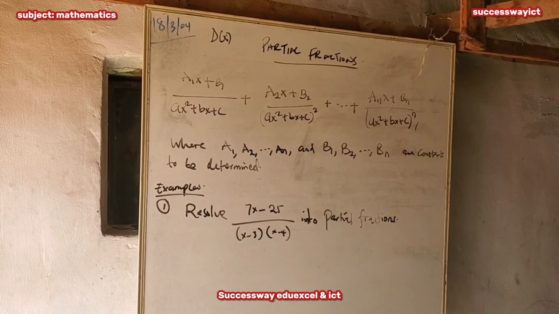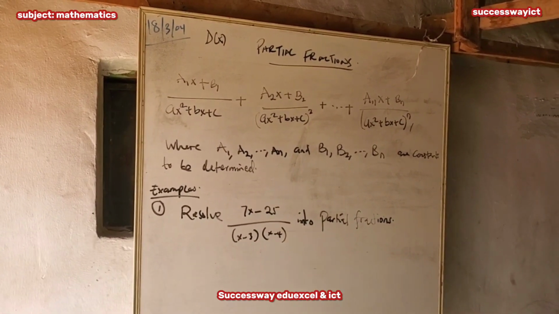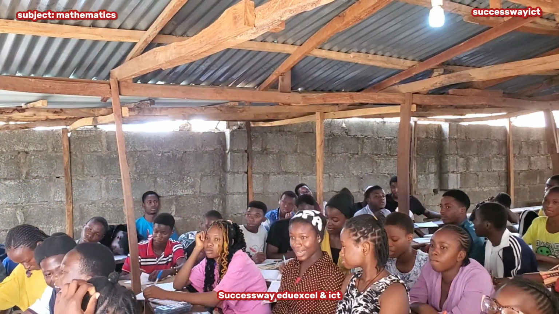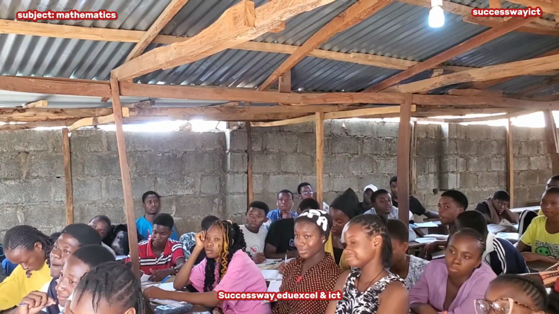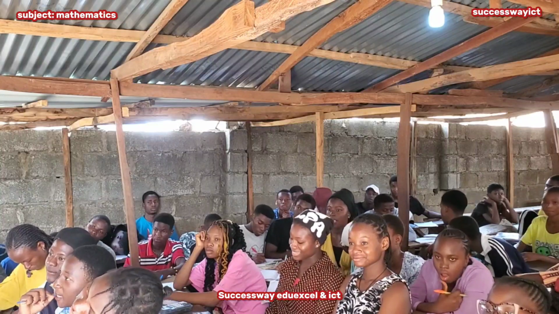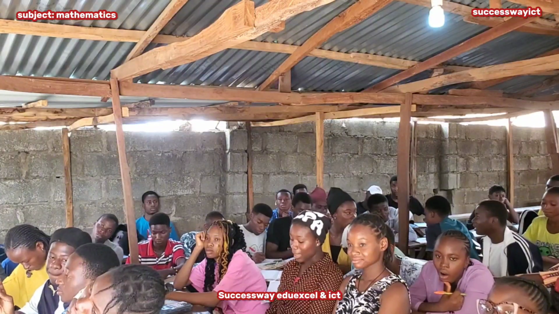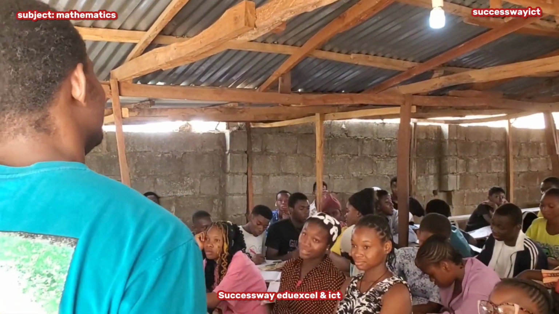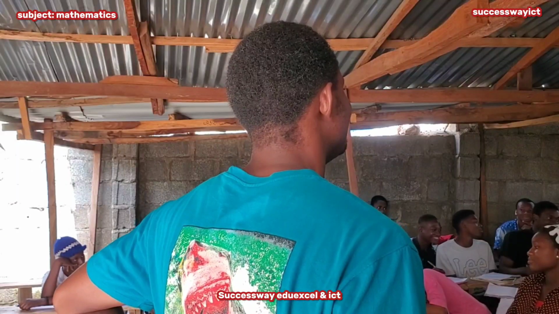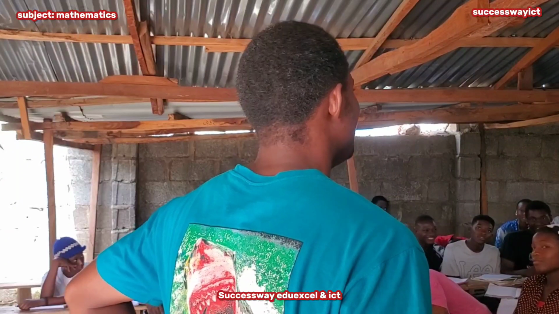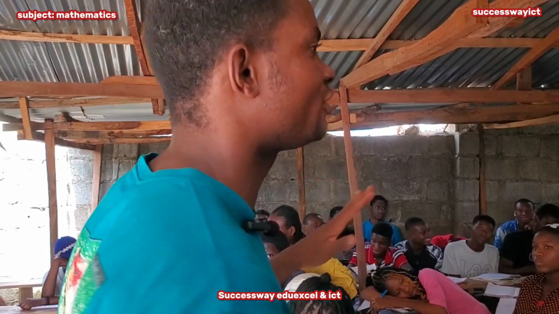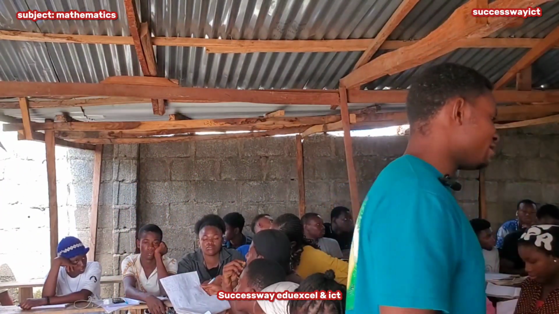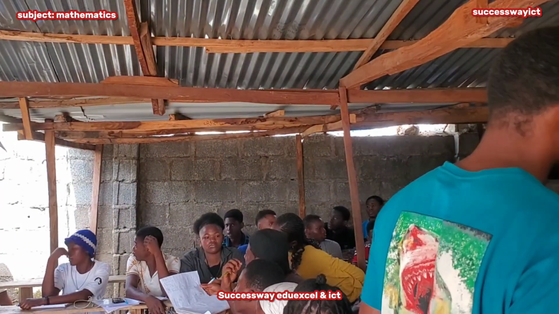Who can help us with what is on the board? The first thing you look at in partial fractions: when you are given a fraction and you have to resolve it into partial fractions, the first thing you look at is the denominator.